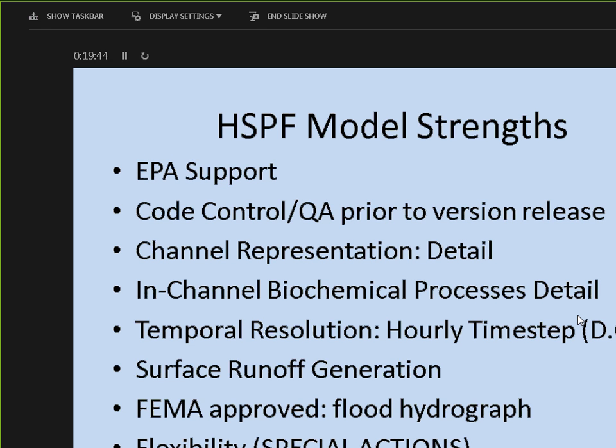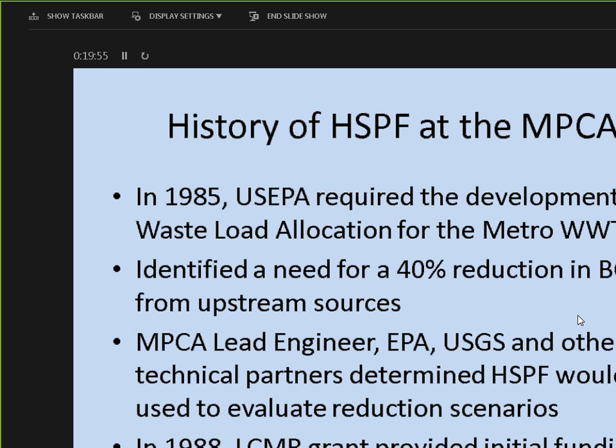If you're using a model for regulatory purposes, you like to have a model that's been vetted in the courts. It's prevailed in other court cases too, in Connecticut and Delaware.